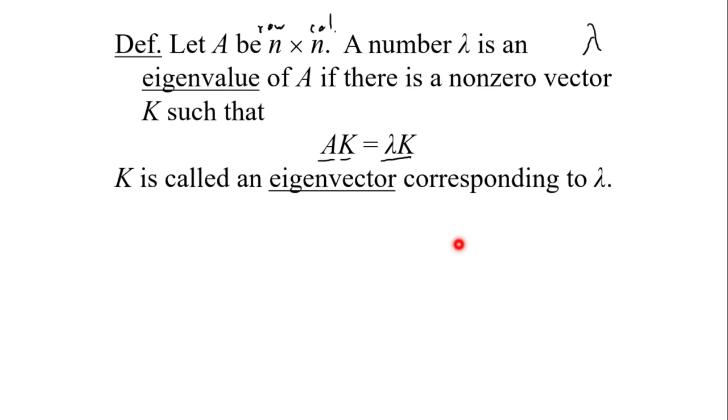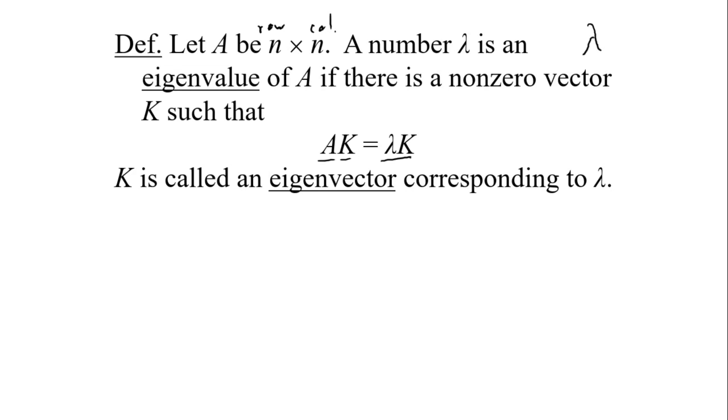And whatever that multiple is, that's what we call the eigenvalue, and k is called an eigenvector. For anybody who's curious, that prefix eigen is, I think, German. It basically just means characteristic. So this is the characteristic value, the characteristic vector of this matrix A.